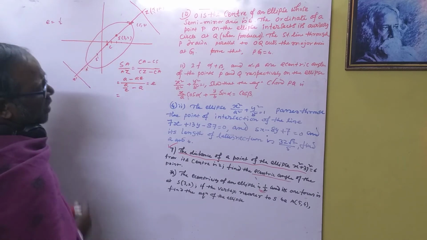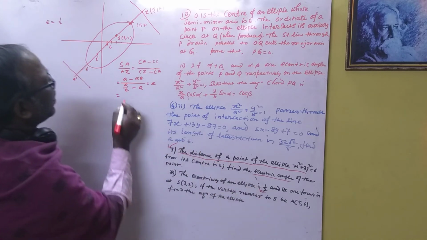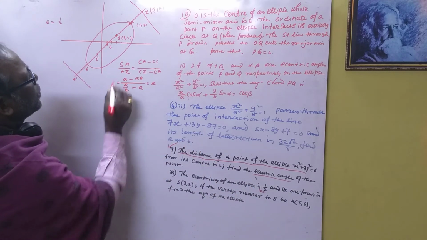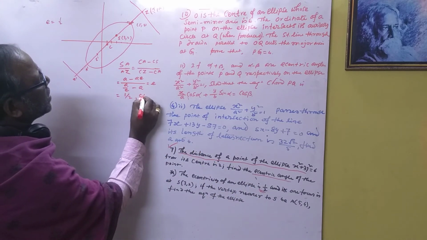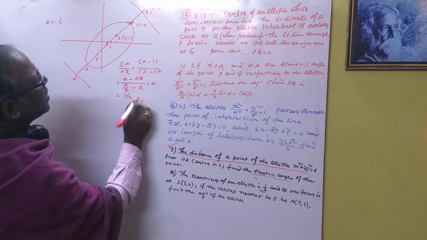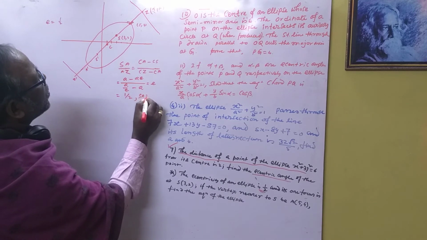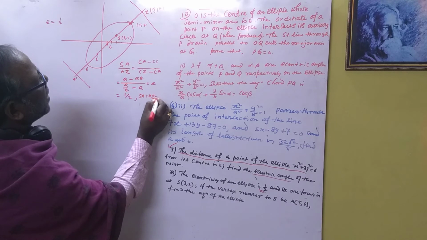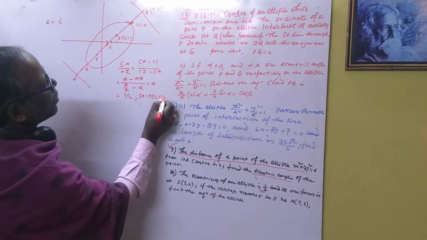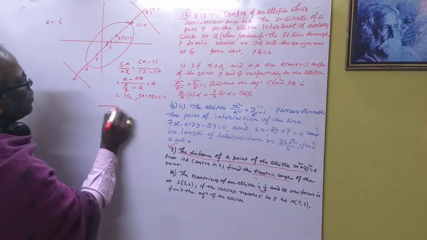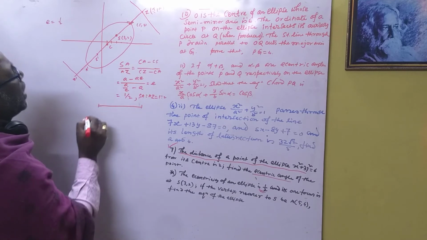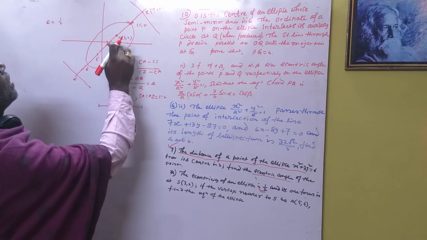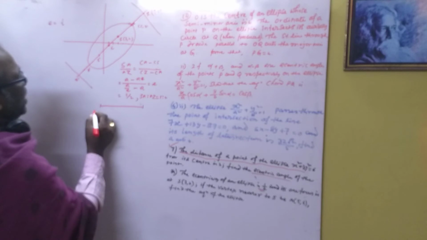And for this ellipse, given that e here is half, therefore SA is to AZ equal to 1:2.